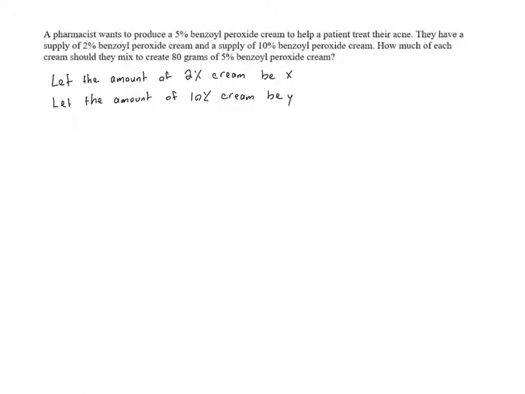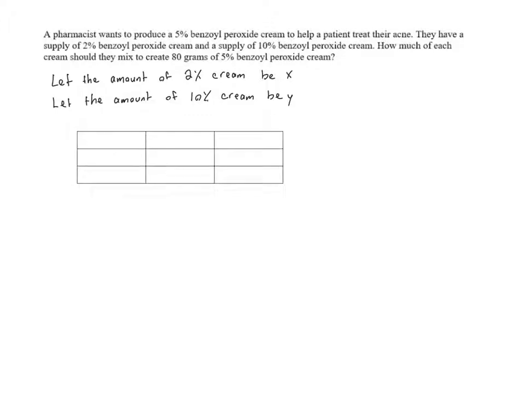Now again, this is a mixture problem, so when we set up our table, we're going to need an extra row because we're starting with 2 creams, and when we mix them together, we'll end up with a third, so we need that third row. Labeling our columns will be solution, concentration, and ingredient.